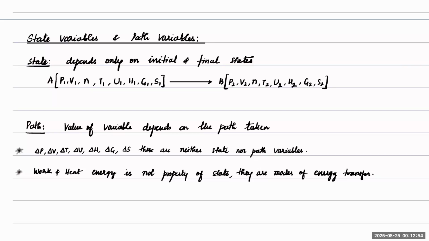That means if a boundary is shrinking or a boundary is enlarging, that means an expansion or a compression. When these kinds of things happen, then only we say work is done, right? If there is no change in the volume of a system, that means there is no pushing or shrinking of the boundary. In that case, we do not talk about work. Isn't it the same thing we do for heat exchange also?